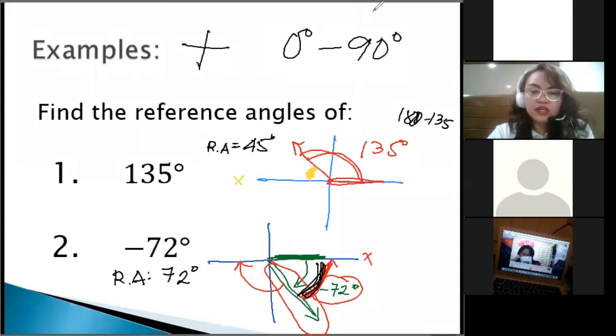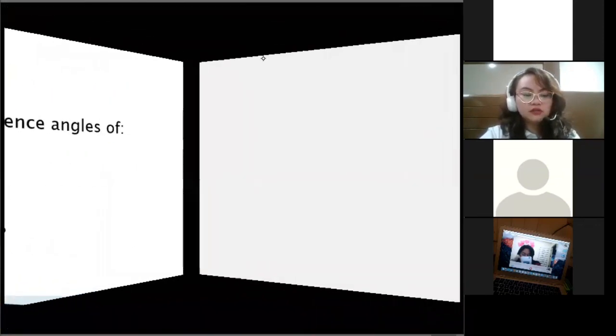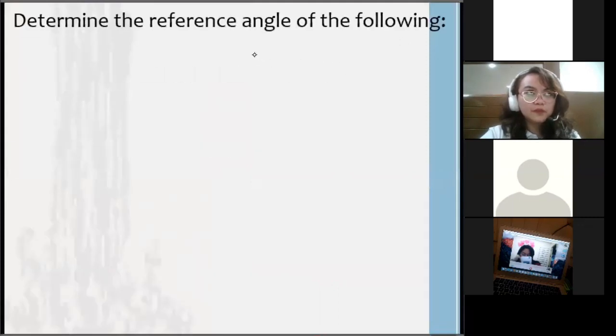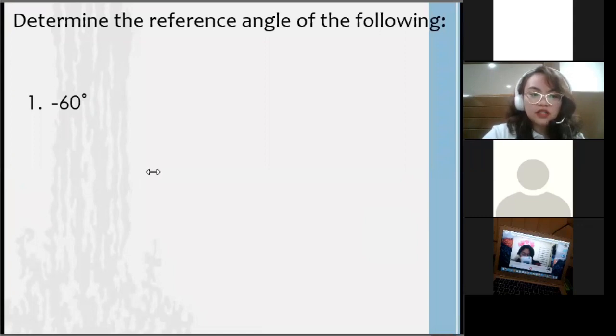Alright. Moving to the next slide in 4, 3, 2, 1. Try it on your own. Numbers 1 to 4. Item 1, negative 60 degrees. 10, 9, 8, 7, 6, 5, 4, 3, 2, 1.